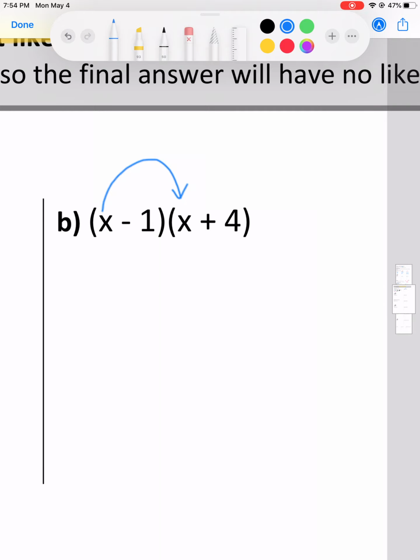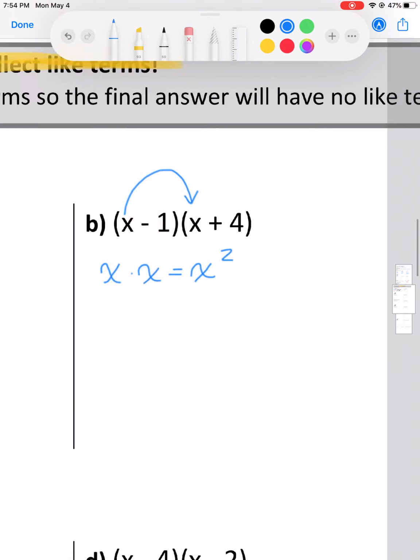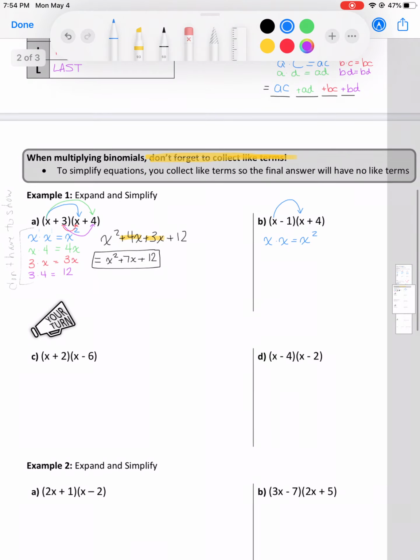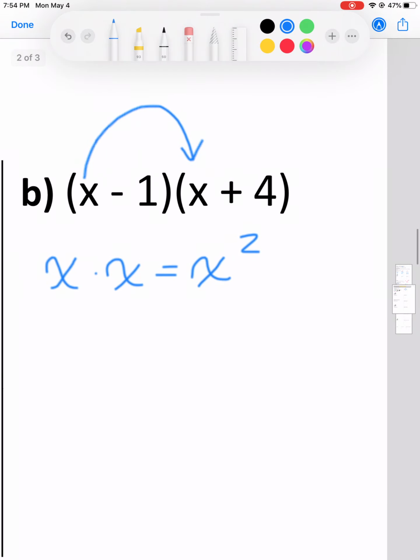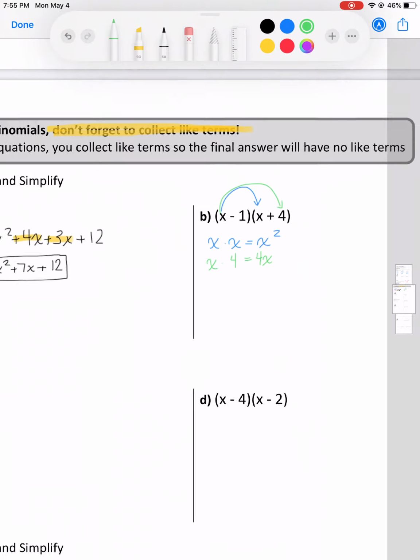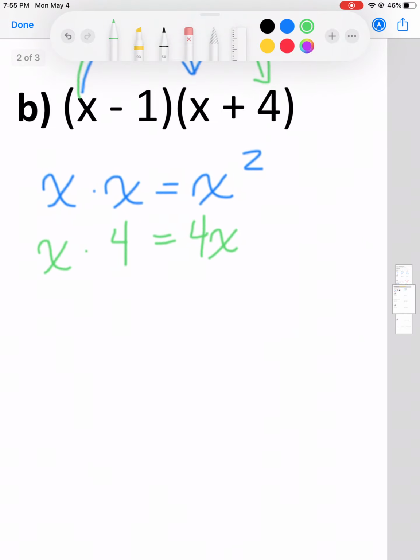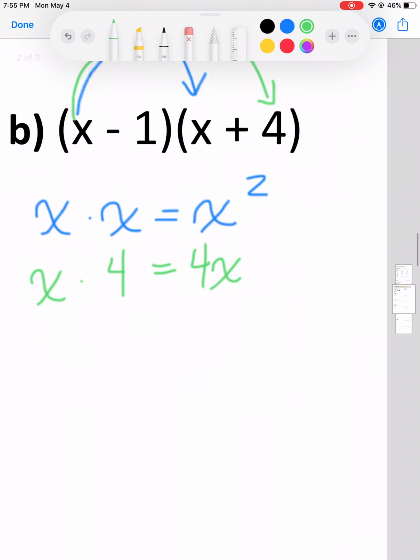Okay, so first we have x times x again. X squared. What was the next color I used? Green? Yeah, just trying to keep it consistent. First outside, so my first outside terms: x times 4 is equal to 4x, looking very similar to last time. Then we've got red. I apologize for not memorizing the order. Oh, we got a negative this time.